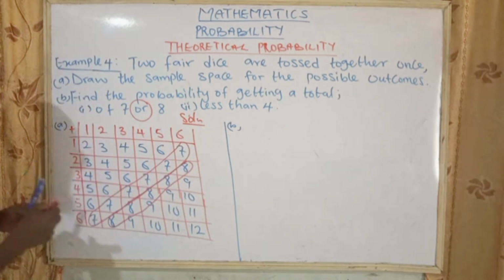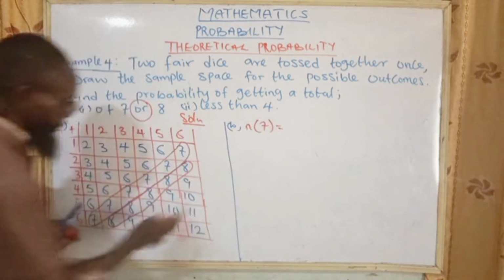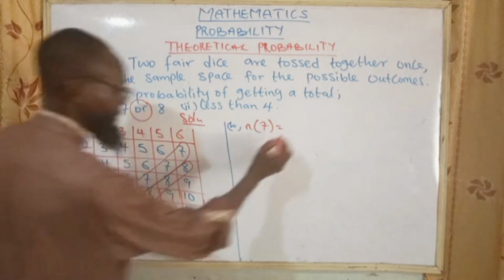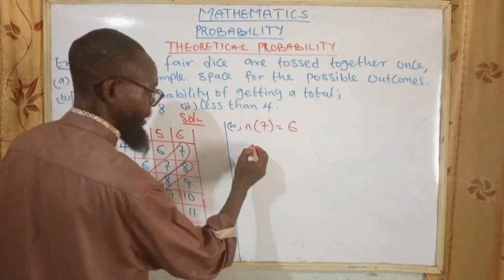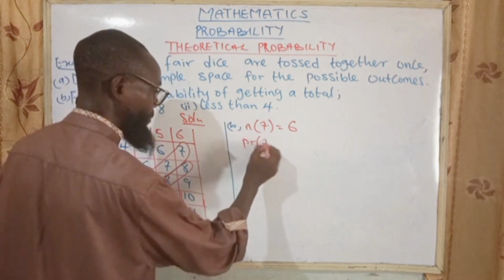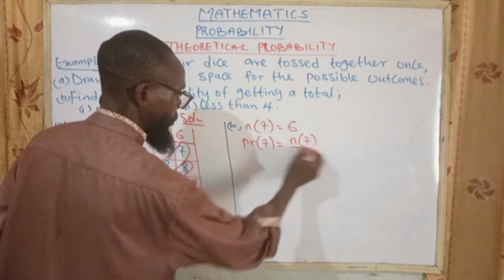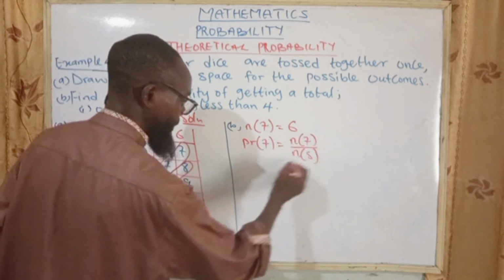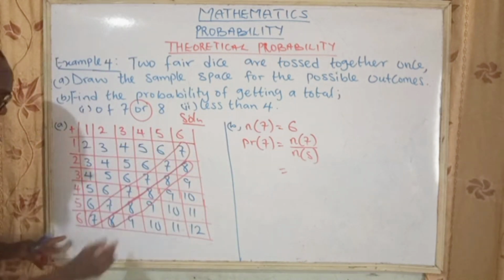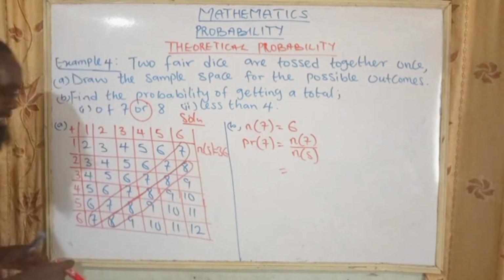Now, how many 7 do we have there? Number of 7: 1, 2, 3, 4, 5, 6. We have 6. The probability of 7 equals the number of 7 over the number of sample space. We know our sample space is 36 when we count everything.